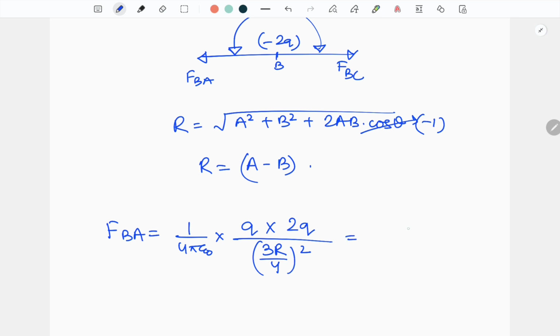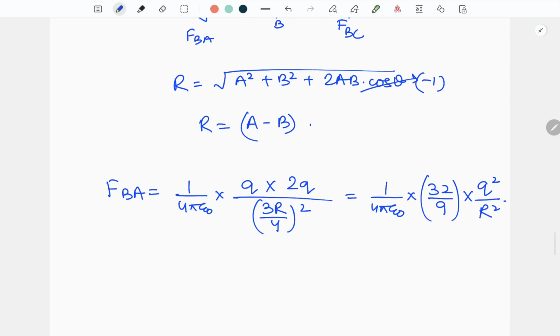So if we solve this, it will become 1 by 4 pi epsilon naught, 2, I guess it will become 32 by 9 multiplied by q square upon r square.